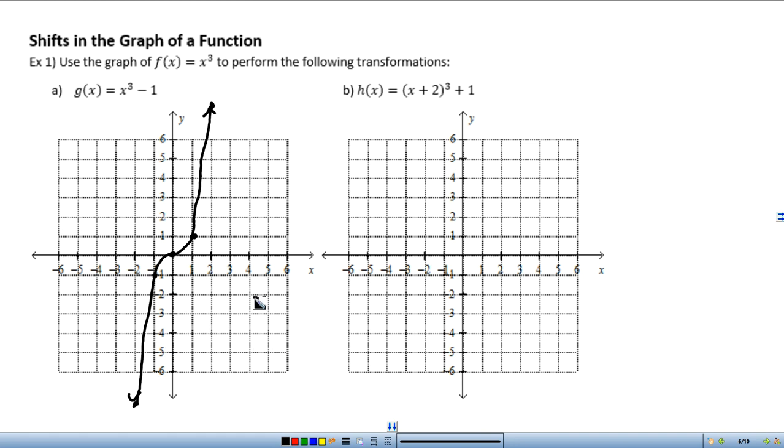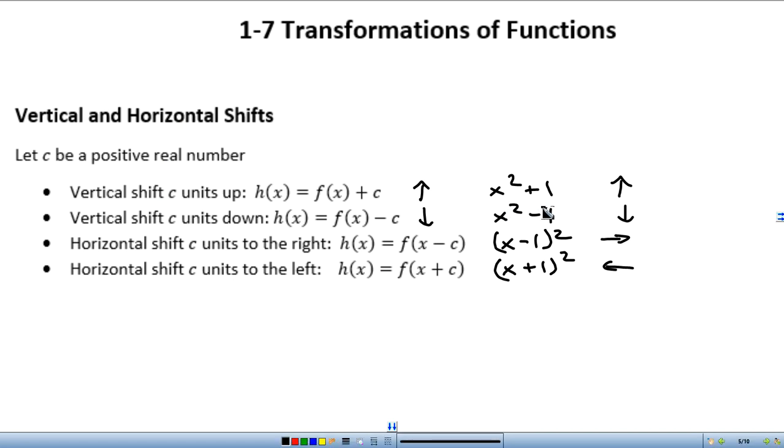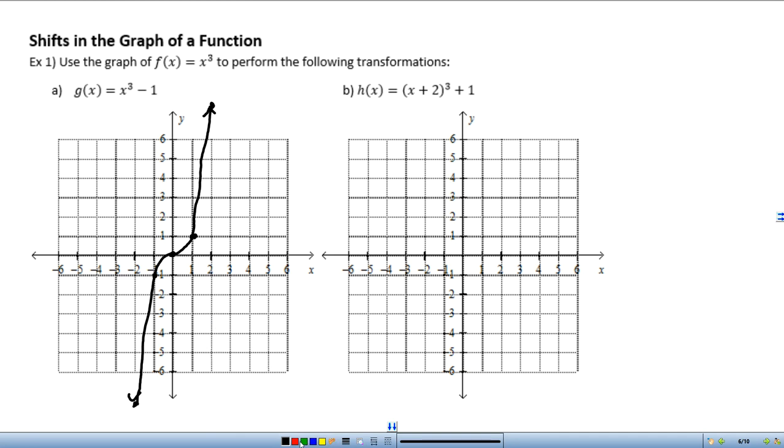Now, this minus 1 means it's a vertical shift down. So I'm going to take the entire graph and shift it down by 1, like that.